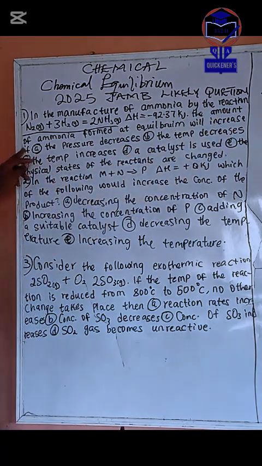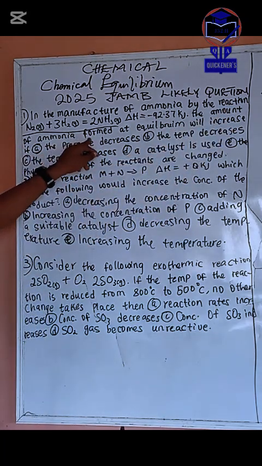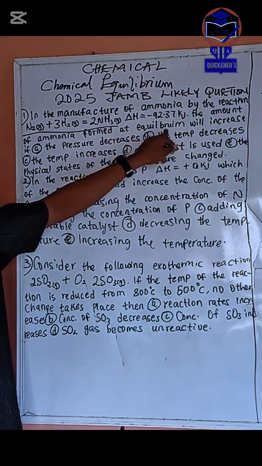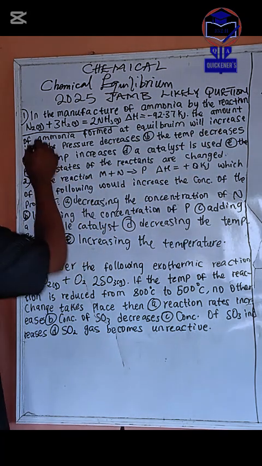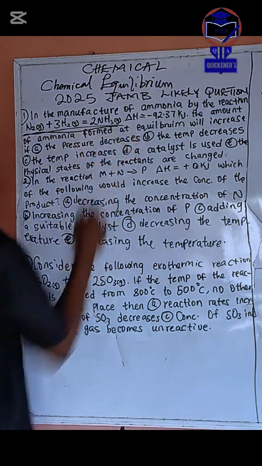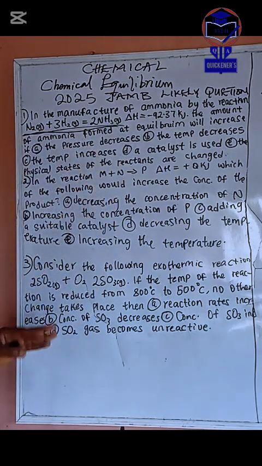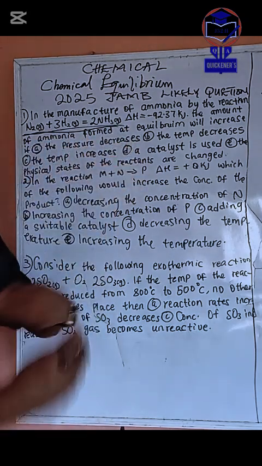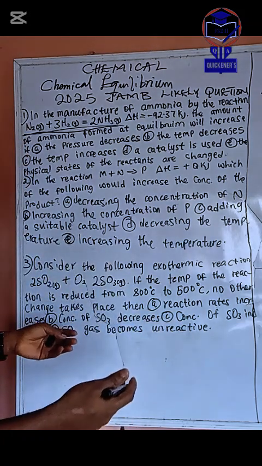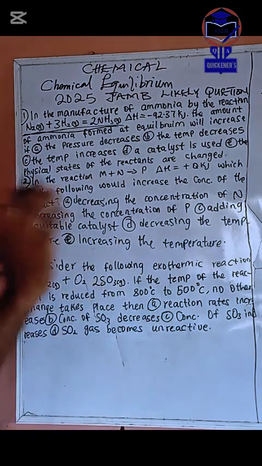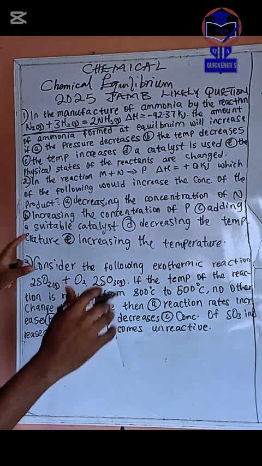The amount of ammonia formed at the equilibrium will increase if, alright? So this is the reaction that shows the production of ammonia. And the question is, the amount of ammonia will increase if, so look at the options.